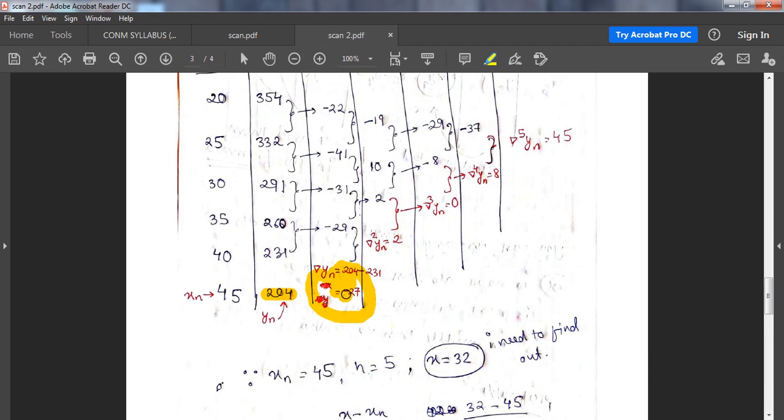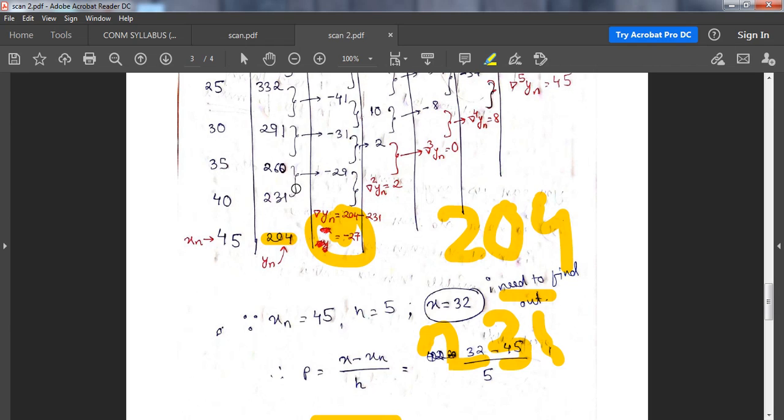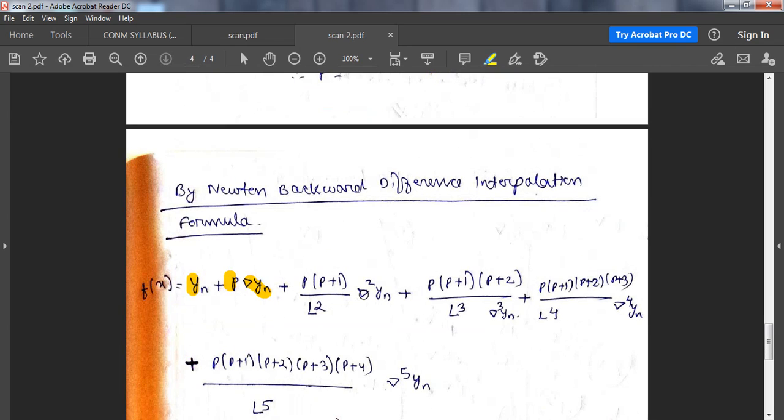It is 204 minus 231, these two values. So this is 27. This is your first value.